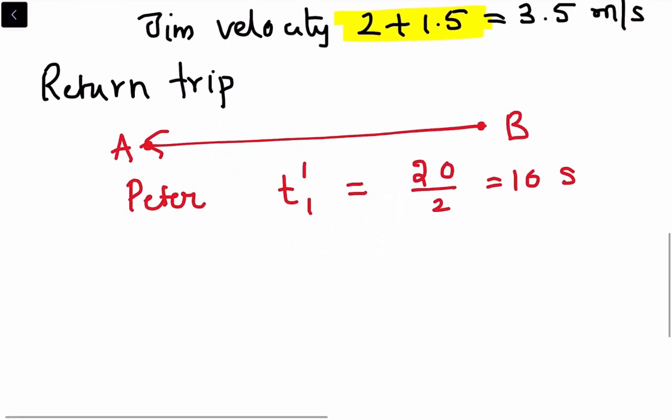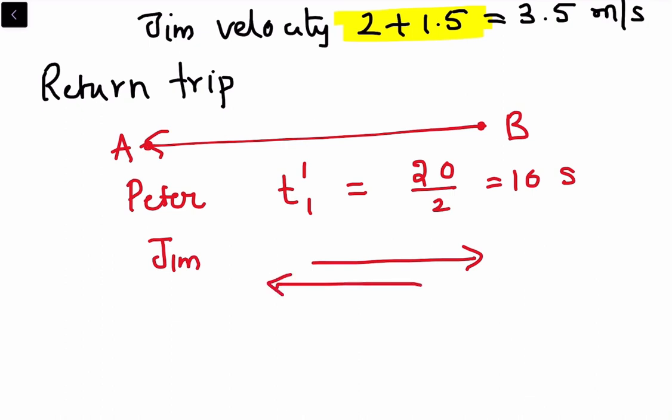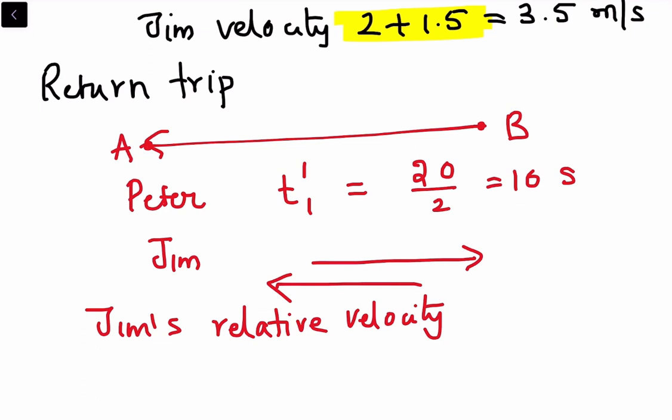Now let's see about Jim. While coming back, he is moving opposite to the movement of the sidewalk. Suppose the sidewalk is moving like this, now Jim is walking opposite to the sidewalk. Therefore, his velocity with respect to the sidewalk, earlier it was 2.